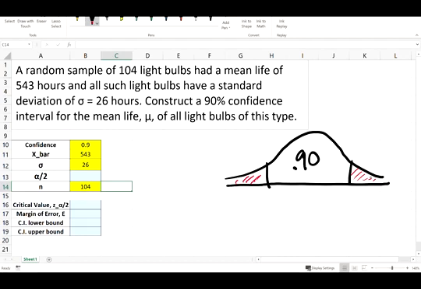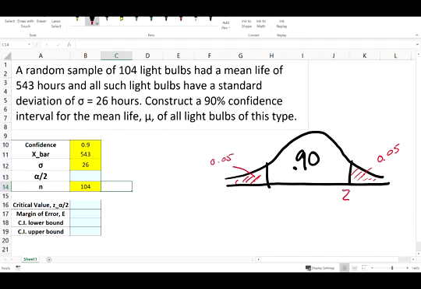Now you could loosely think about those as being the chances of being wrong. And if you're wrong in making an estimate, you could overestimate, and we're saying there's a 5% chance of that, and you could underestimate. There's a 5% chance of that.